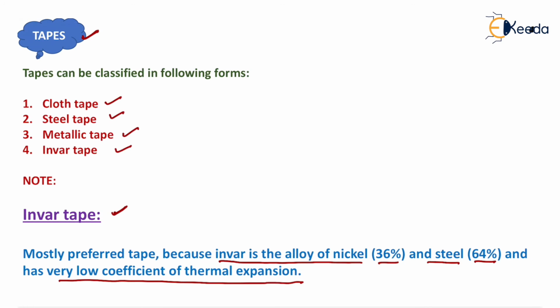So if we use the invar tape at a very high temperature, there will be no problem of extension of the tape or the shortening of the tape, because it has a very low coefficient of thermal expansion. That is all about the chaining.